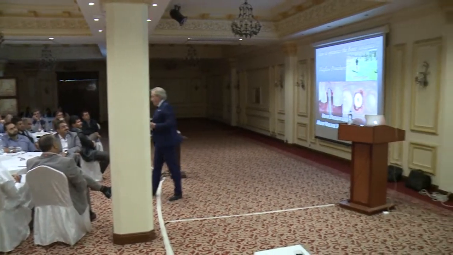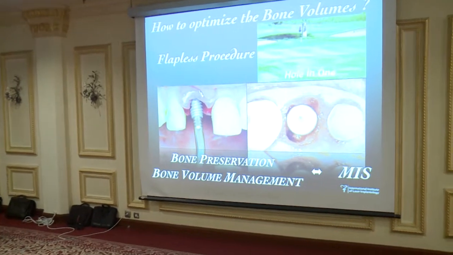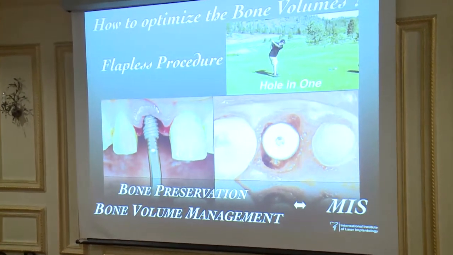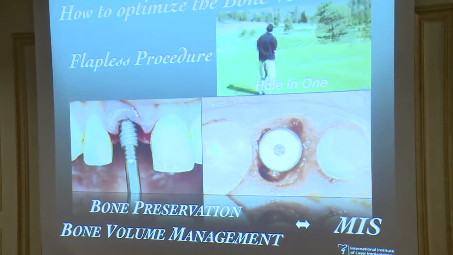And I don't know if in this country, because I made this slide for a lecture in Japan, and Japanese people are crazy about golfing, you know. So I don't know if you're playing golf in this country. Anyway, I've heard about golf courses in the middle of the desert. This is just like the hole-in-one.